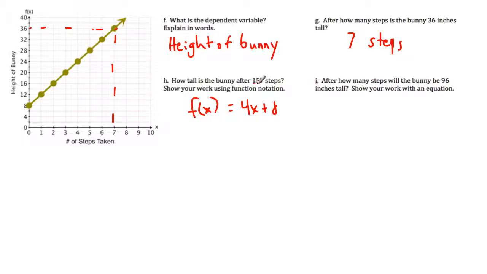Notice 157 steps is the x they're giving you. So you plug that in and find f of 157, which is equal to 4 times 157 plus 8.